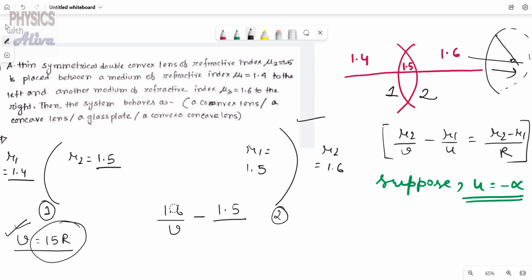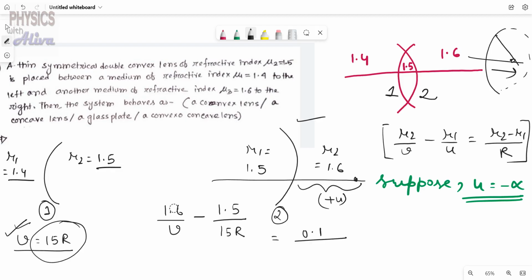Here u should be 15r, because the object is at this position, so the distance will be plus. This is equal to mu2 minus mu1, that is 1.6 minus 1.5, 0.1, divided by r.